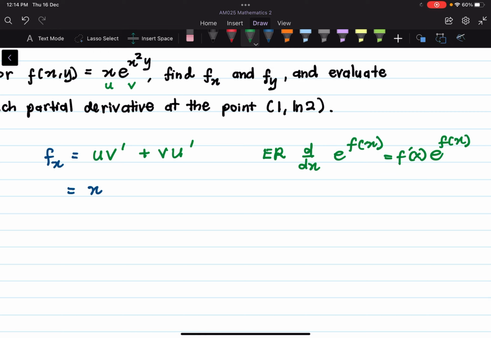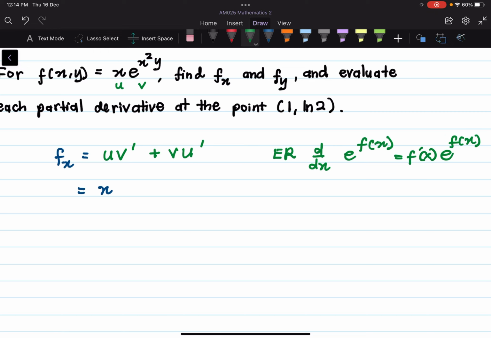That's how we differentiate e to the power of something. So differentiating x²y with respect to x gives 2xy e^(x²y), plus v, which is e^(x²y), times the derivative of x with respect to x, which is 1.